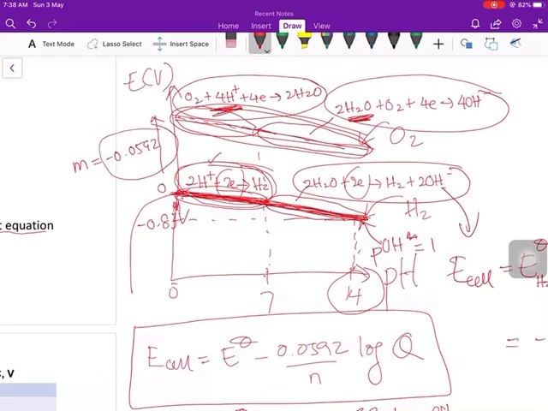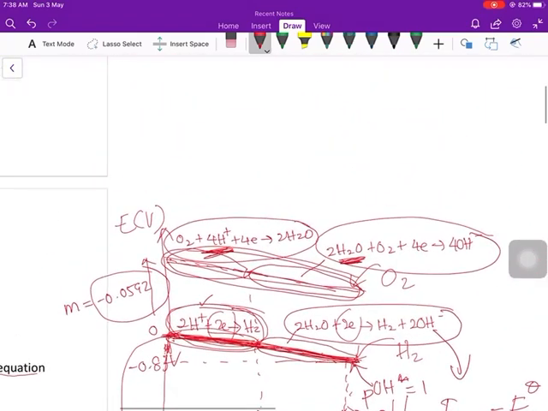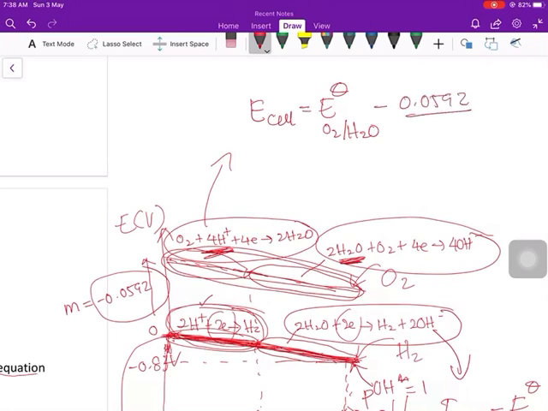So this slope, the value is 0.0592. Okay, you check this up about this one. E cell at that point equals to E standard. So in this case, this is from oxygen to water in acidic.